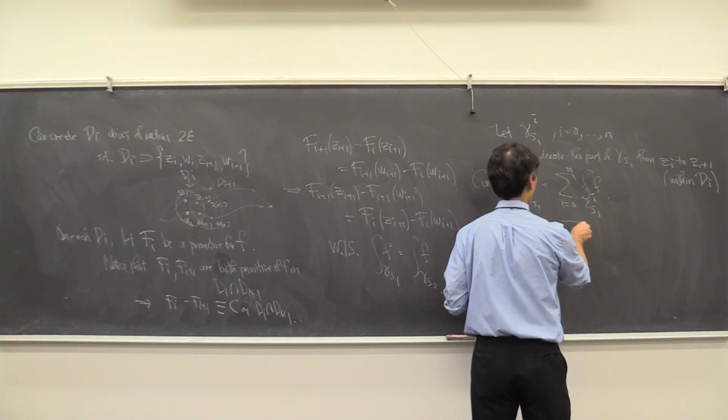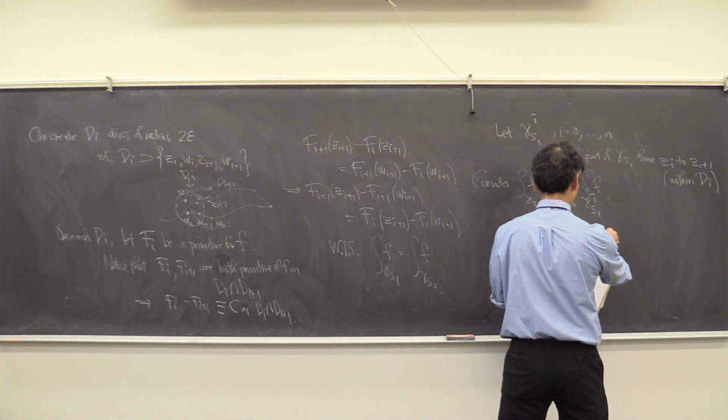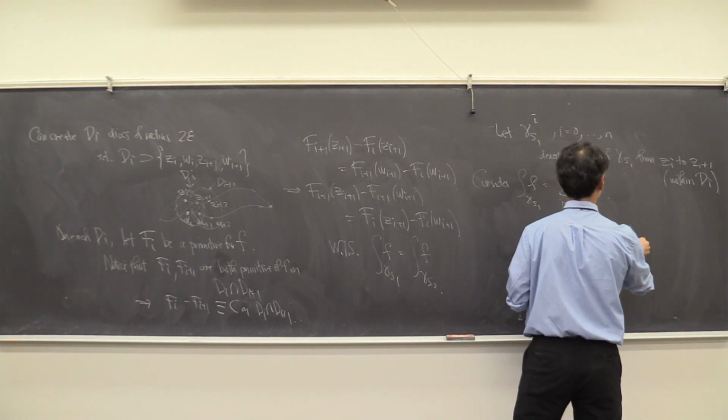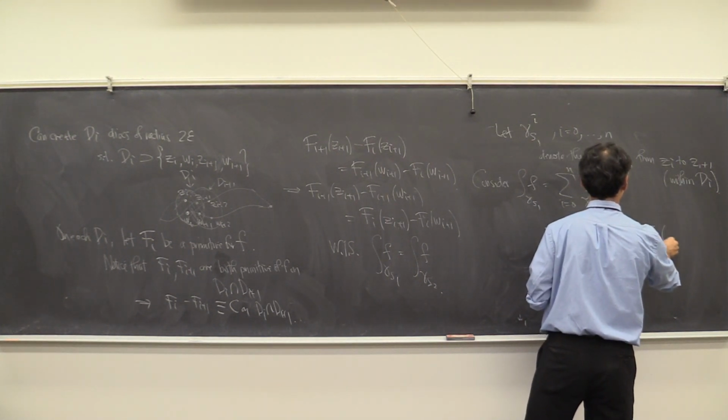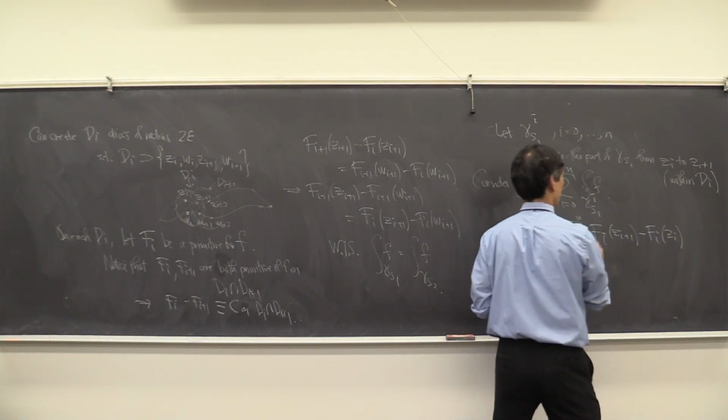And we say this is just f sub i at the second point, z sub i plus 1, minus f sub i at the initial point, summed from i equals 0 to n.